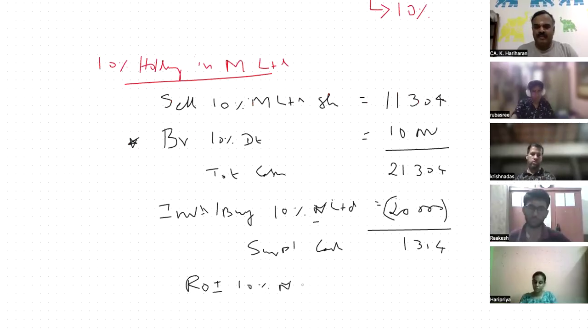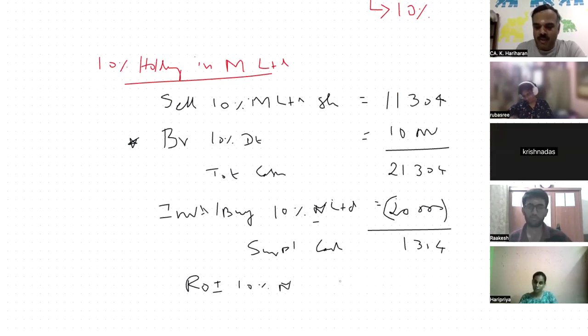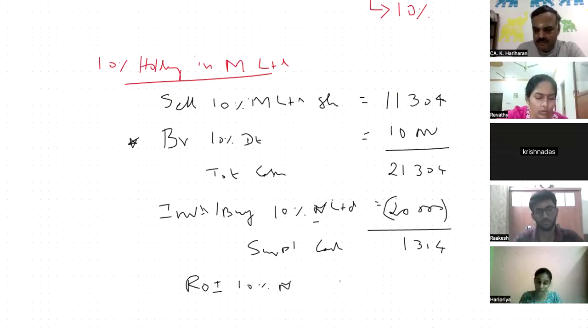Out of which 10% you will get. You are the owner of that 10%. It comes to 2,000. Surplus cash 1,304 and you'll get the profit of 2,000.